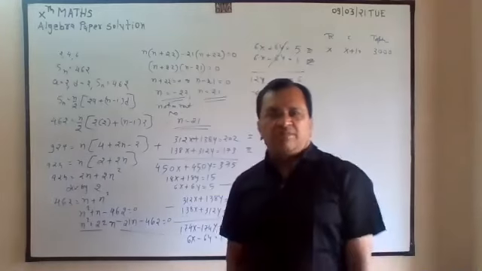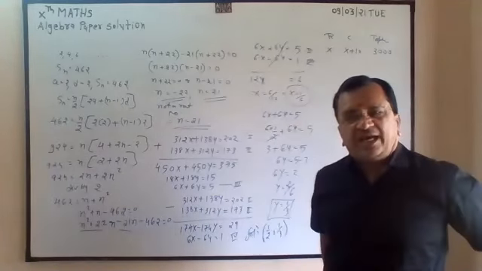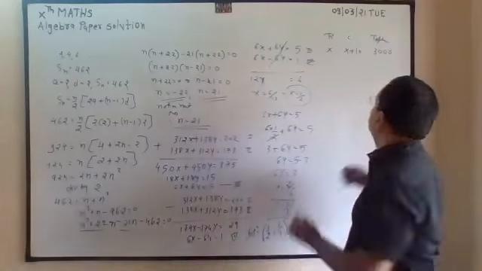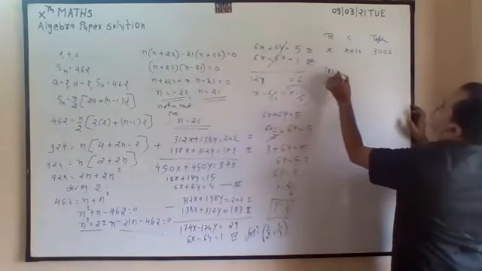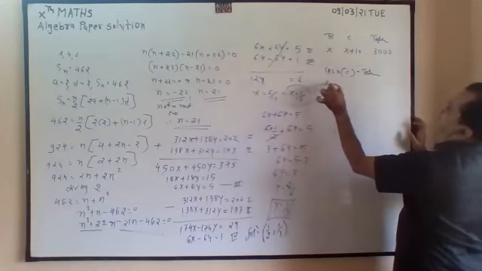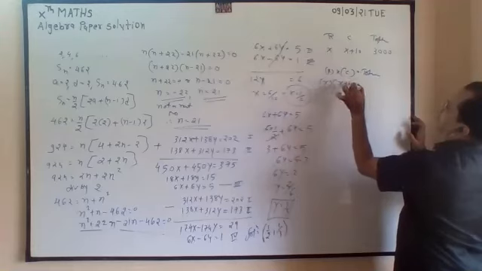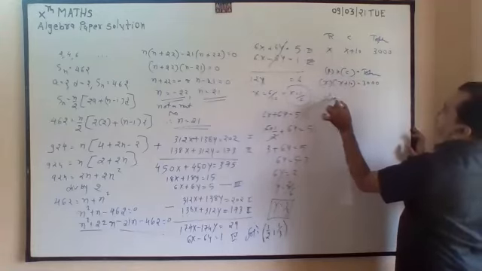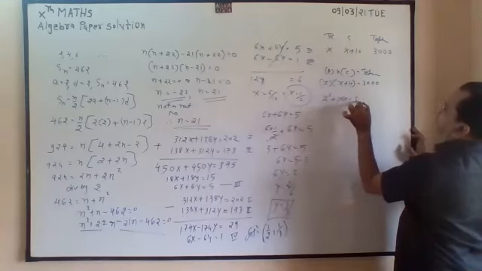Let the number in the row be x, column 10 more, x plus 10, total 3000. So row into column is equal to total. x into x plus 10 is equal to 3000. x square plus 10x minus 3000.